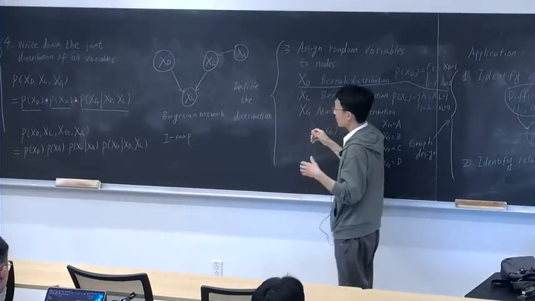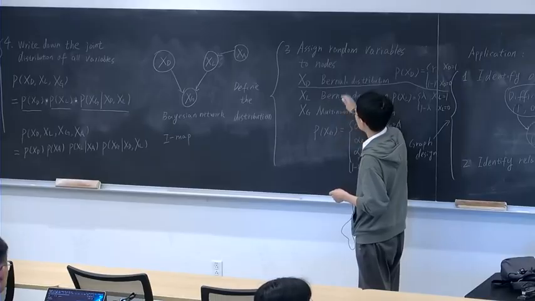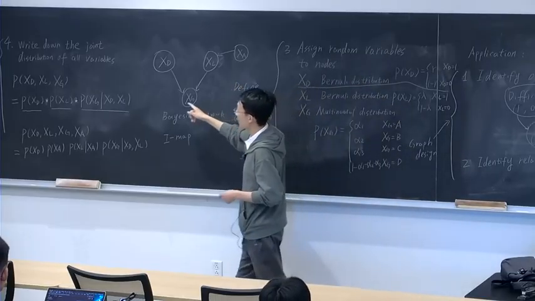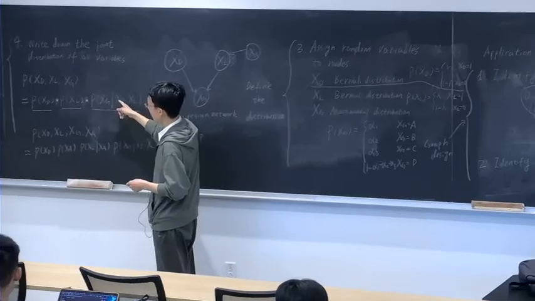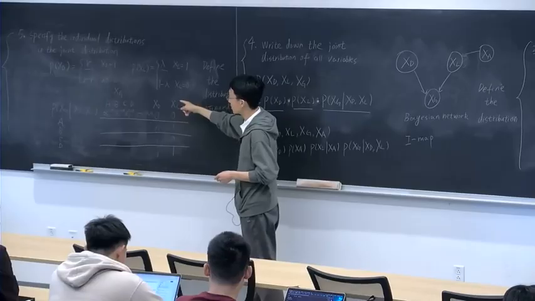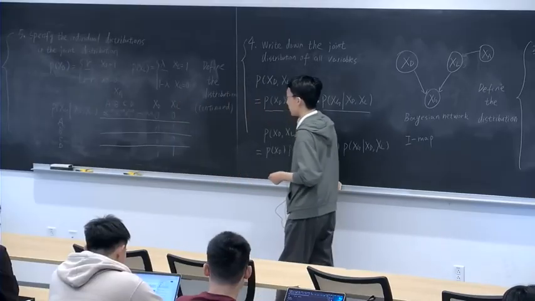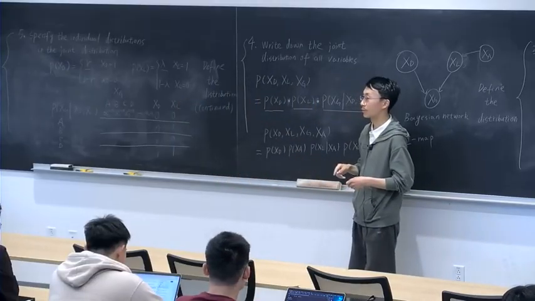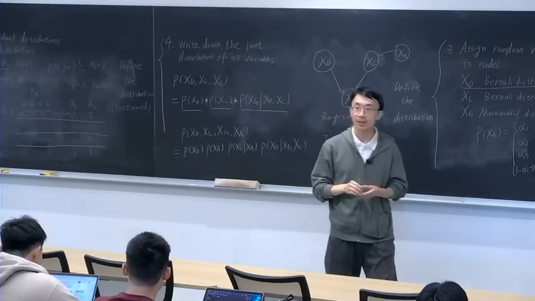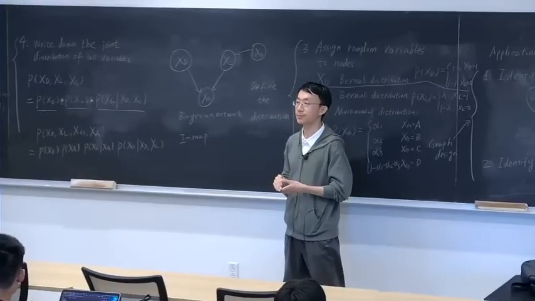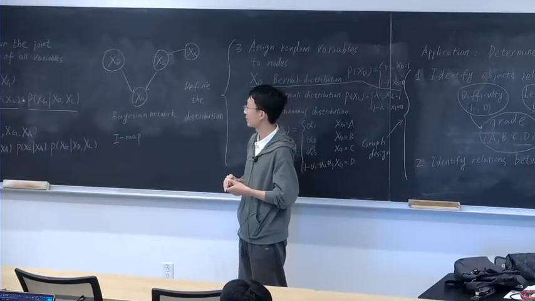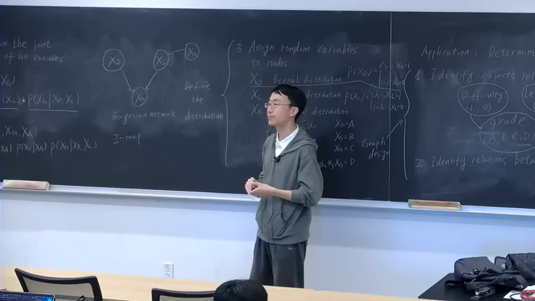Then in the next step, you assign random variables to the nodes. And then you write down the joint distribution. And then you define the individual distributions appearing in the joint distribution. Yeah, so after these 5 steps, you basically get a Bayesian network. Any questions?